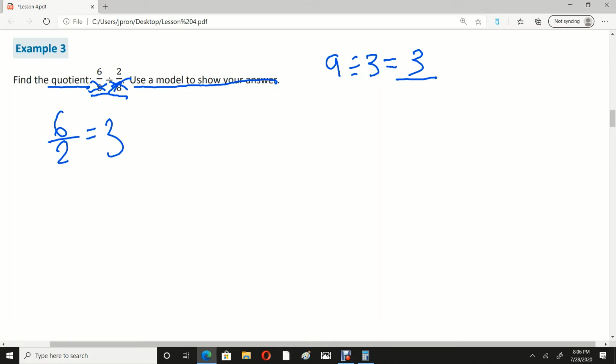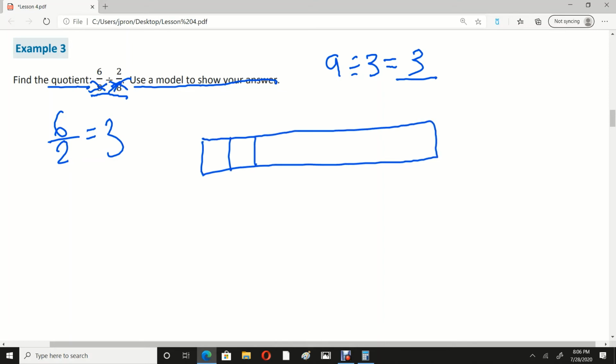Great. Now, let's make a model to represent that, right? So we'll have our bar again. We'll have 1, 2, 3, 4, 5, 6, 7, 8. So 8 equal parts of the whole. But we only need the dividend's worth, which the dividend in this case was 6/8, and we can ignore these 2/8 over here.